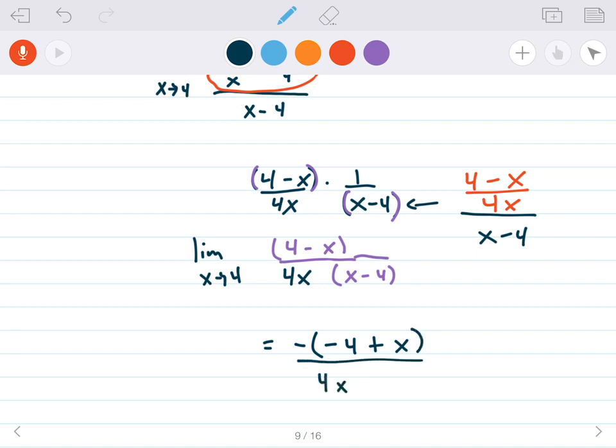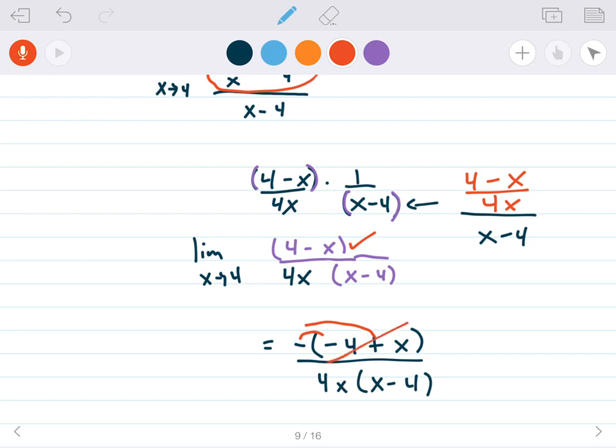And think about that. Why is that true? Well, if I FOIL back the negative, I end up getting what I started with. So yeah, we factored it right. And minus 4 plus x is the same thing as x minus 4.